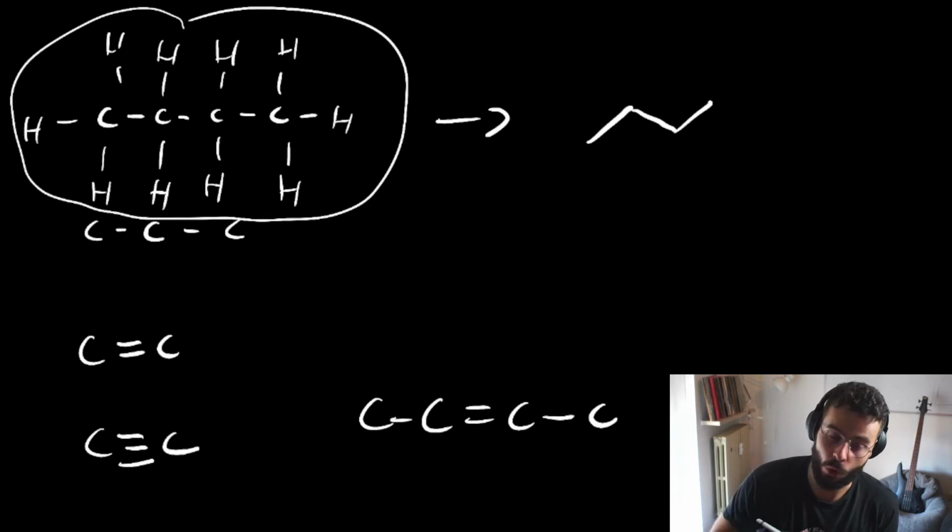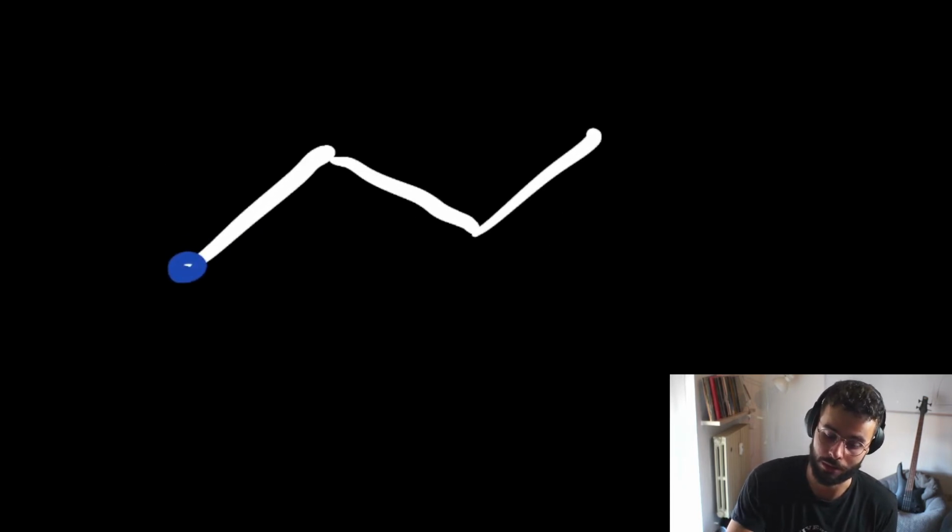We have 4 corners. Each corner represents 1 carbon atom. So let me give you an example. I will zoom in a bit so you can see it. This one is 1 carbon. This one is another one. This one is the third one, and this one is the 4th one.